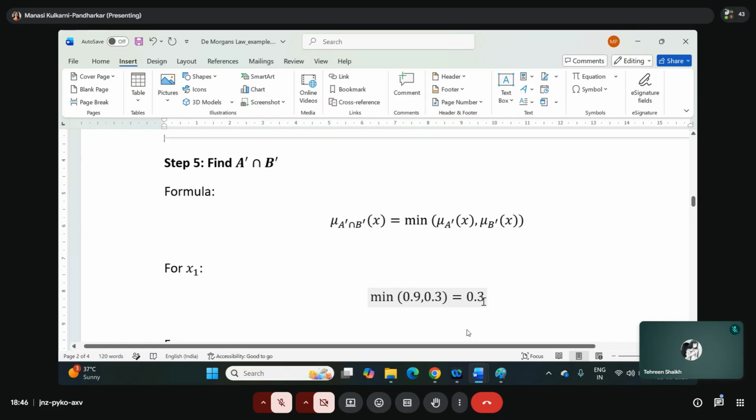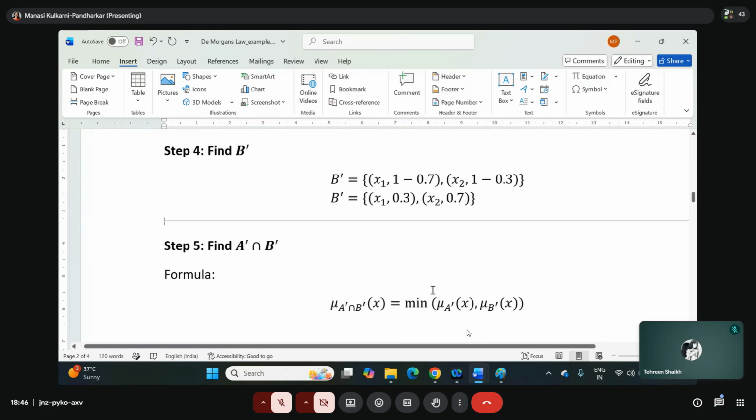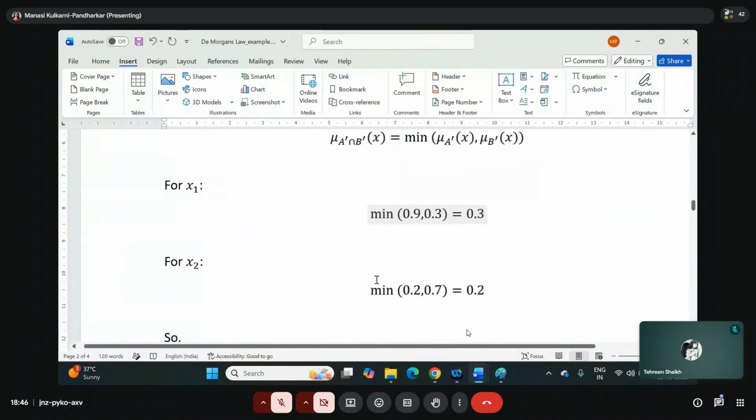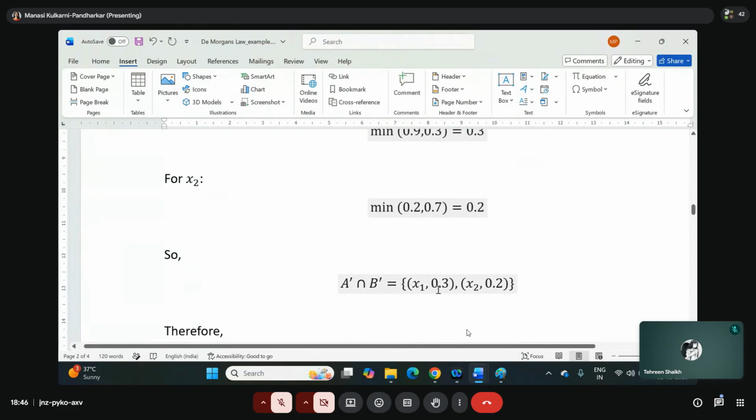Am I right? क्या हो गया? एकदम से कोई रिस्पॉन्स ही नहीं आ रहा है. And what is for x2? 0.2 और 0.7 में 0.2. So what we got? 0.3 and 0.2.